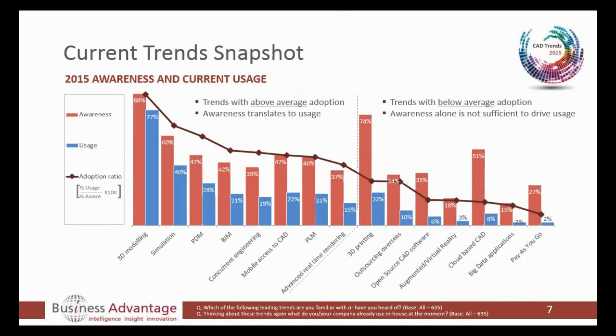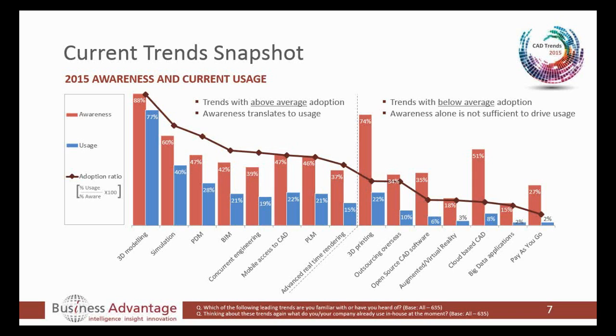And you can see quite clearly here the awareness for particular trends and their usage. And we've also put in an adoption ratio. The adoption ratio is the usage as a proportion of those aware of a trend. And this helps us to understand where awareness does and does not lead to usage of a particular technology.